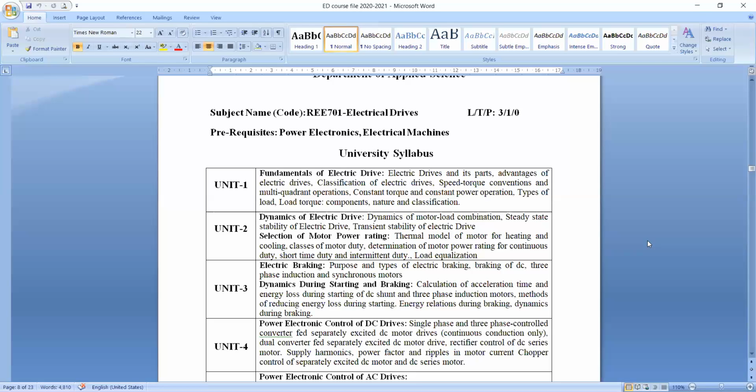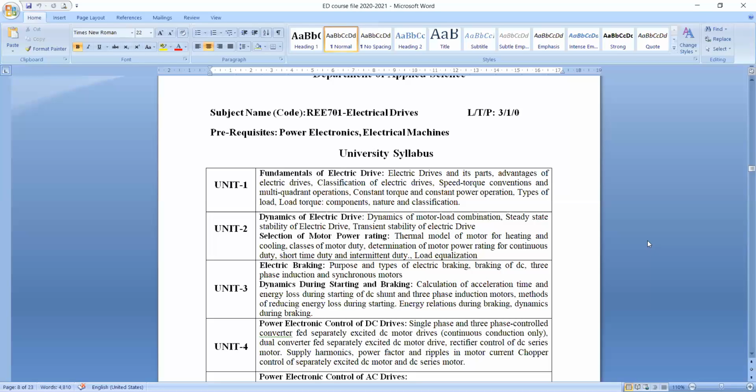Later in this unit, we will be learning about the selection of motor power ratings. Means what motor we need to select for a specific operation, because every task requires a different kind of motor selection. So we will be learning about this.